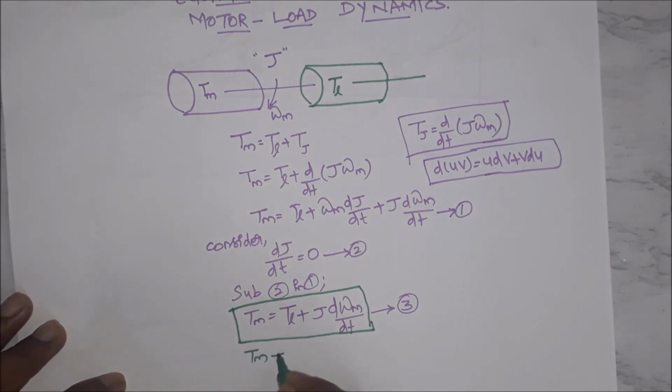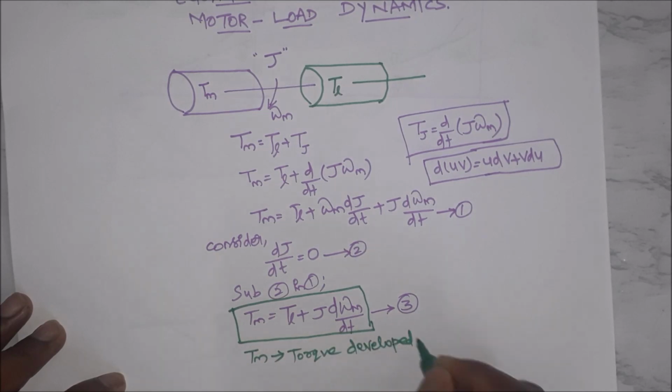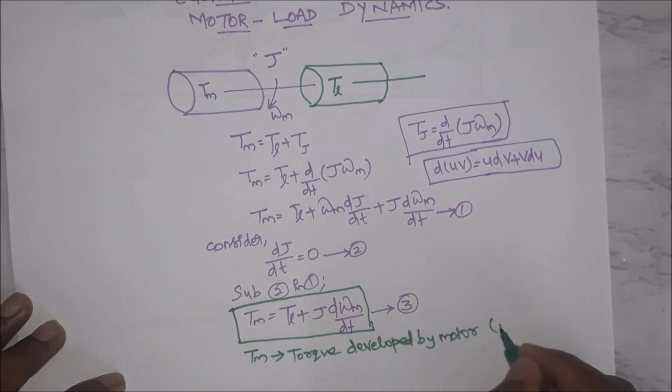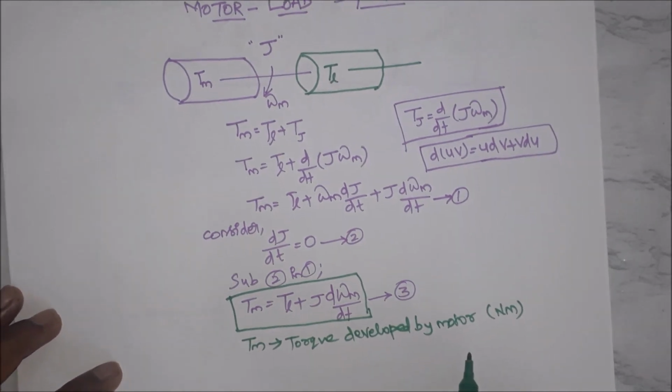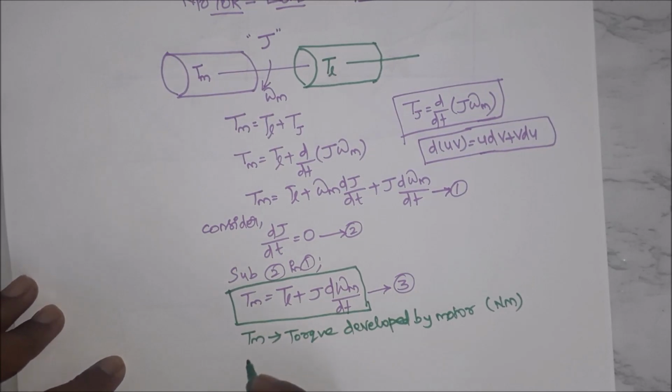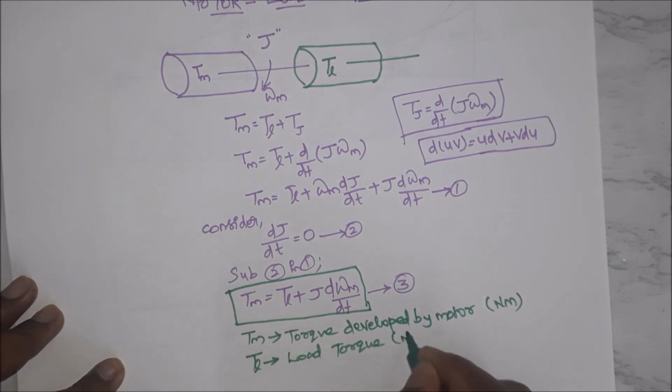Here Tm is the torque developed by the motor in Newton meters, or in short we can call it the motor torque. Hereinafter we are going to call Tm the motor torque, and TL is nothing but the load torque in Newton meters.